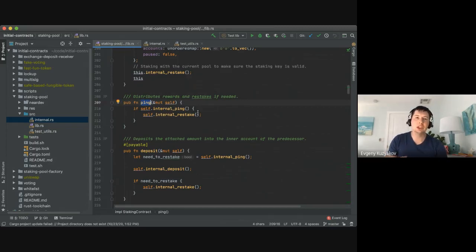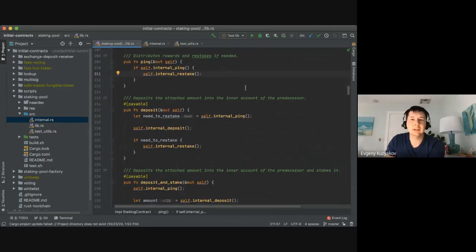The method checks if an epoch has passed, and then we need to distribute rewards. We'll go there for the logic later. And if the epoch changes, then it will also restake because there might be some change in the amount of total stake the contract has to stake.